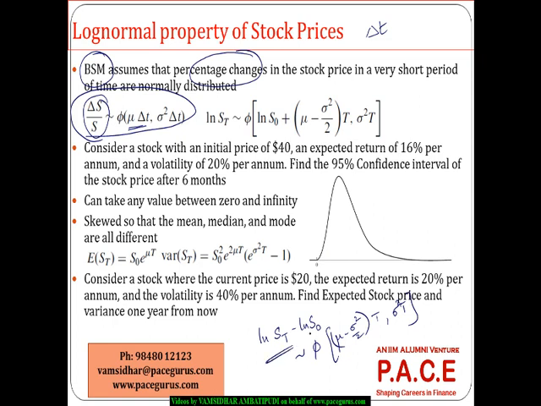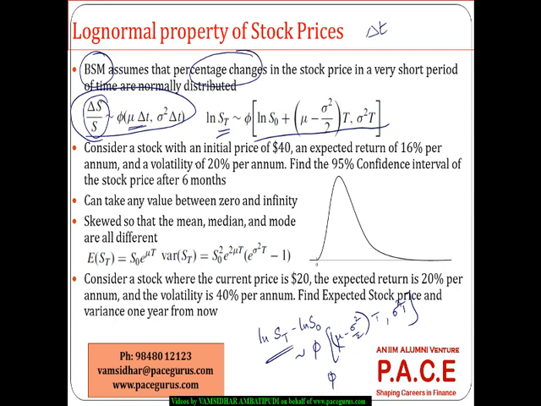And log ST is also normally distributed with mean log S0 plus (mu minus sigma squared by 2) times t and variance sigma squared t. So since log ST follows a normal distribution, ST follows a log normal distribution.